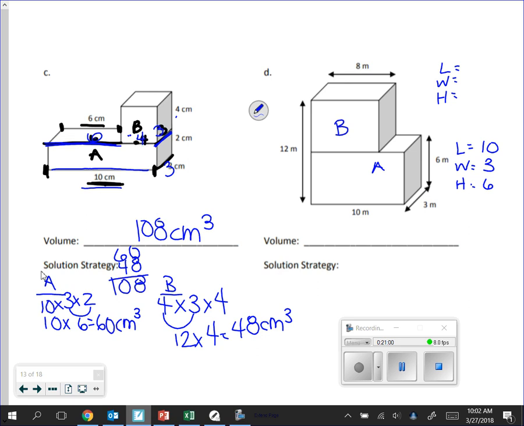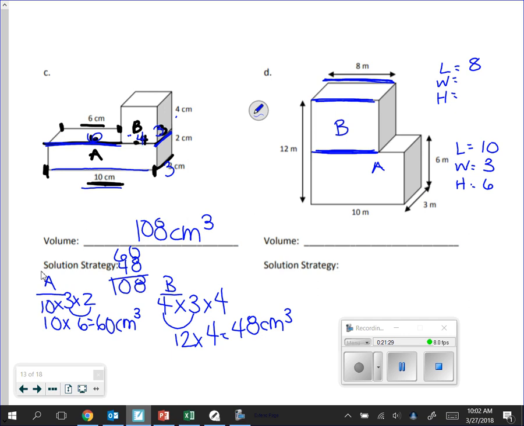Where is it? Right here. 12. It's actually 8. So if this is 8, this is 8, so this is 8. The length, how long it is, is 8.